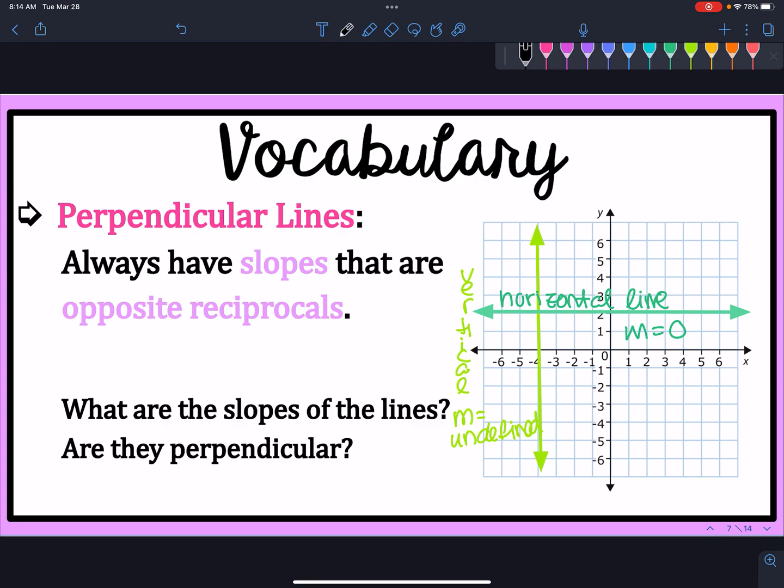Are they perpendicular? Well, we found the slopes. Are these perpendicular? Yes. So this is just a special case: a horizontal and a vertical line are always perpendicular, even though we can't multiply the slopes to see if they multiply to -1.